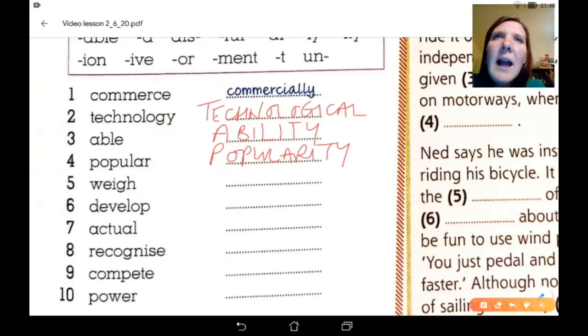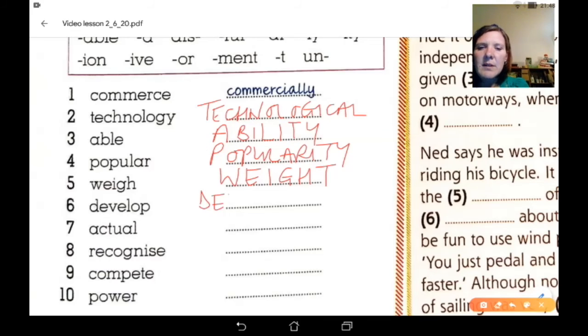Okay. And number 5, reduce there. Okay, we're looking at weight. Okay, their weight. Number 6, 10 years of development. Again, be really careful of the stress on this word. I know I say this very often, but development.